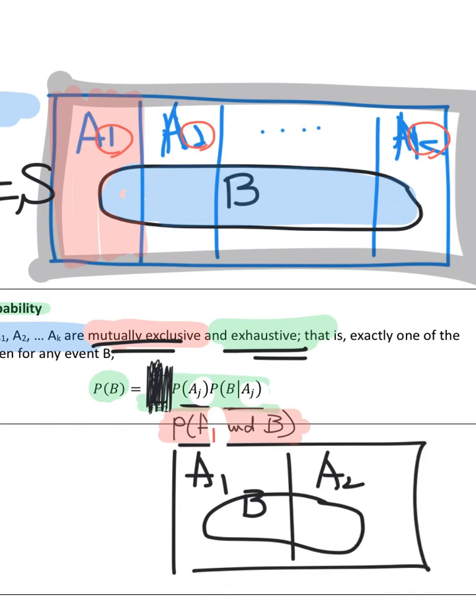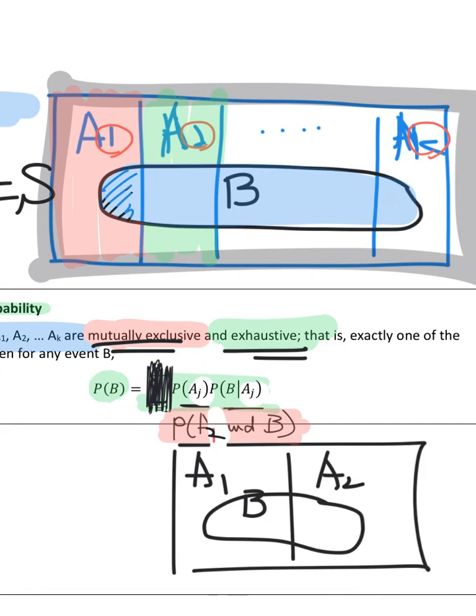On the Venn diagram, where was the 'and'? In the middle. A1 and B. The J was the index. I told you it might be 2. So let me take the other one. A2 and B, again. Where is the 'and' on the Venn diagram?